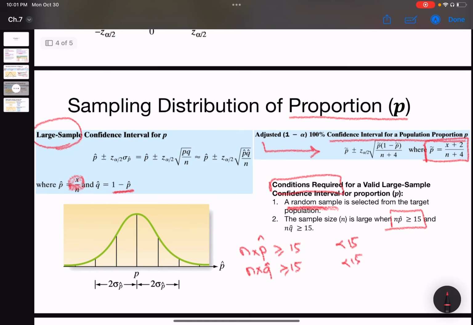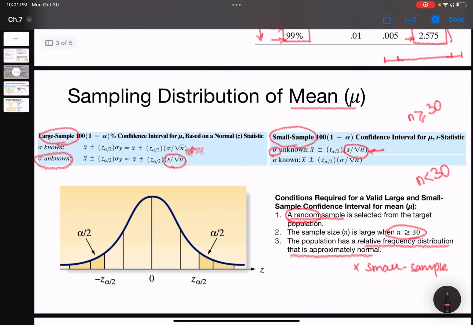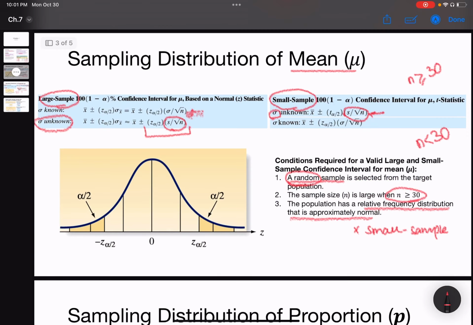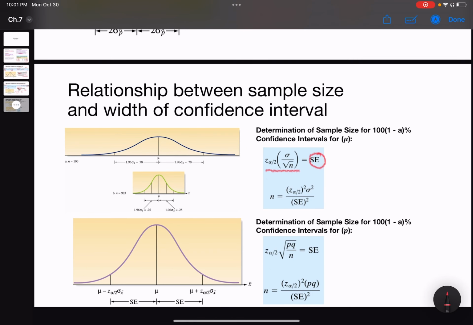It is basically this part of the formula that we saw here, which causes the interval to go wider or smaller.